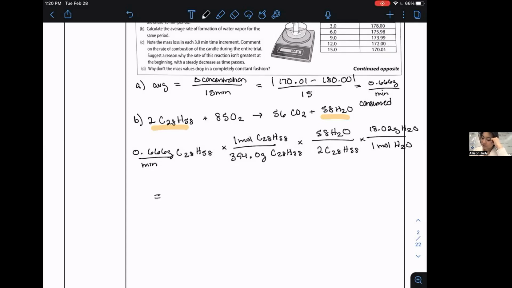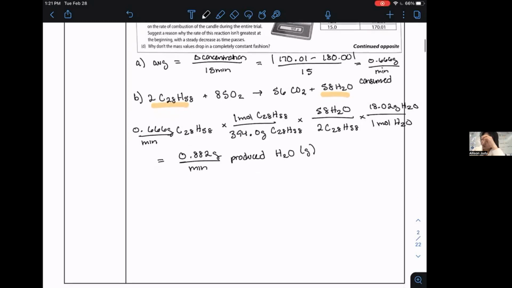And that gives us a final value for the rate of production per minute for water to be 0.882 grams per minute produced of water vapor. So we're seeing average rate, this derived unit being now used in a stoichiometric dimensional analysis quantitative process. Math.